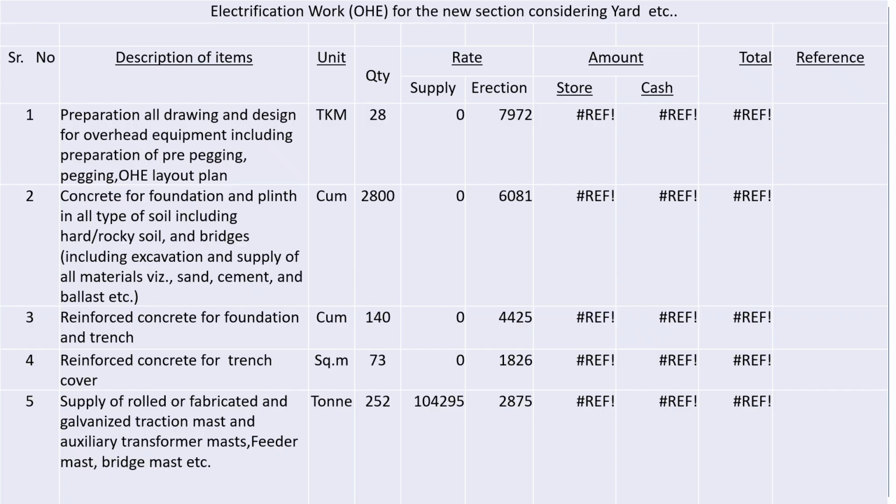Then somewhere, mainly in the station area, the track separation is not too much, so you have to provide a portal. So you have to decide between the portal or TTC, twin track cantilever.